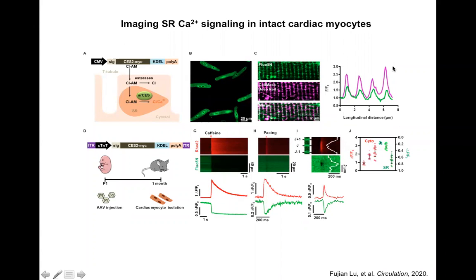The other one is the SR calcium imaging approach. Briefly, we overexpressed an esterase in the SR lumen so that it was able to load calcium dye, in our case Fluo-5N, into the SR lumen to directly visualize and monitor the SR calcium content and also its dynamics.